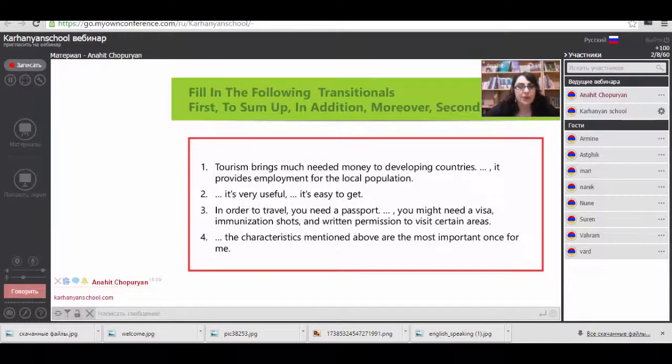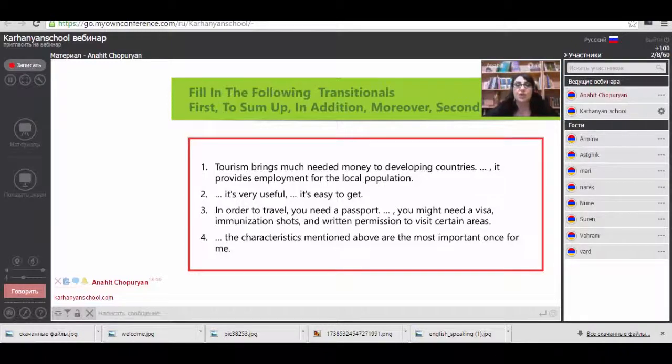It's very useful. It's easy to get. Of course, here we understand that we have sequence. Yes, first it's very useful. Second, it's easy to get. Okay? Then here, in order to travel, you need a passport. You might need a visa. Yes. And you can say here, moreover, you may need a visa, or here you can also use in addition.